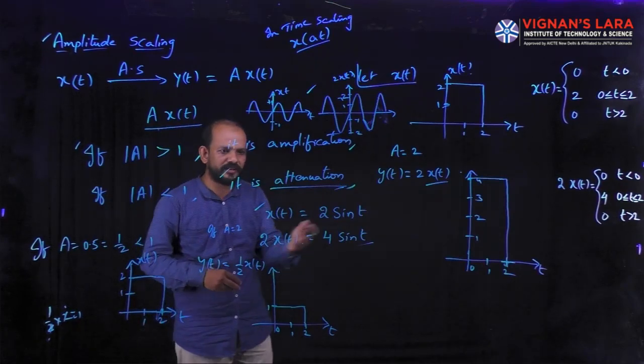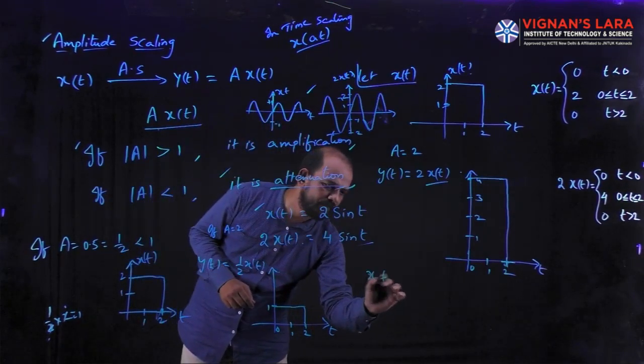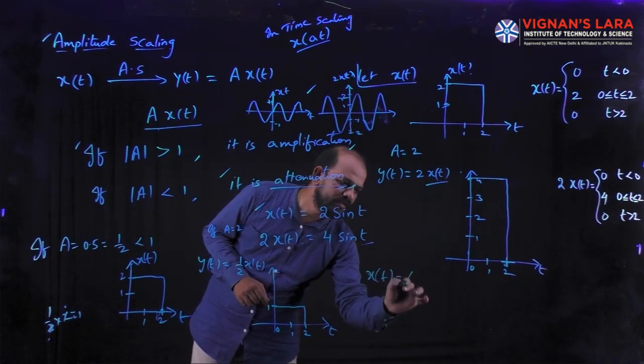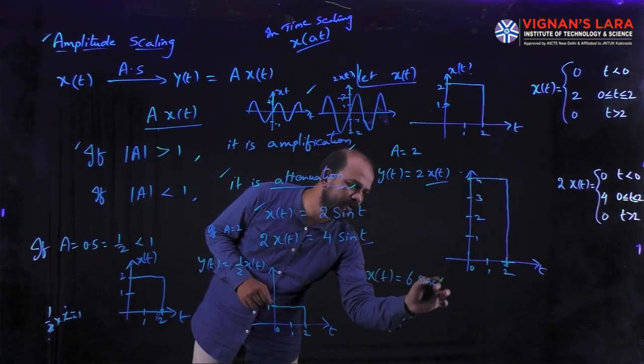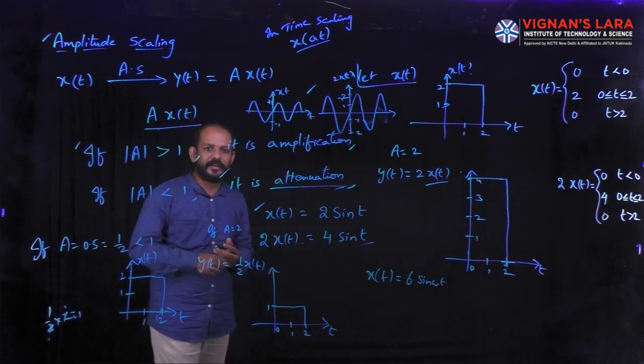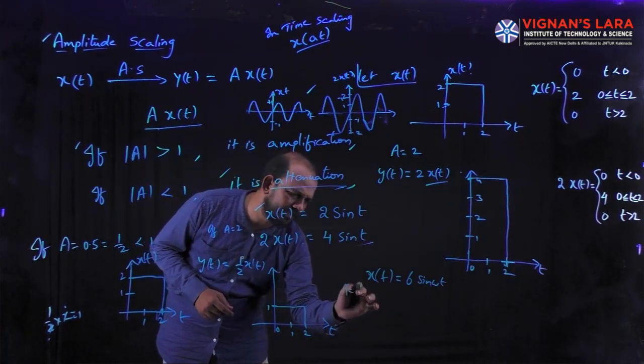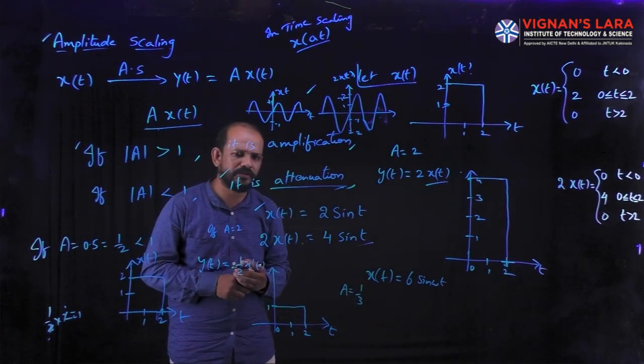If you want to take other examples, here also, x of t equal to some 6 sine omega t. Okay, I can write it. And the factor a is 1 by 2, or a equal to 1 by 3, you can take 1 by 3, anything.